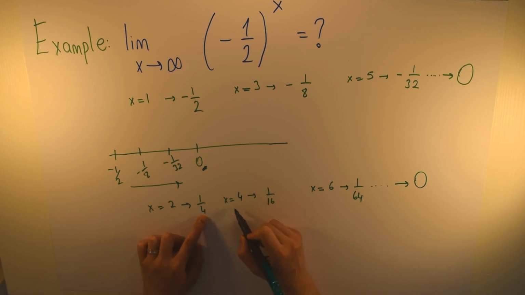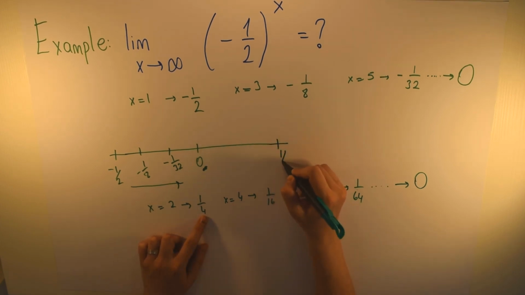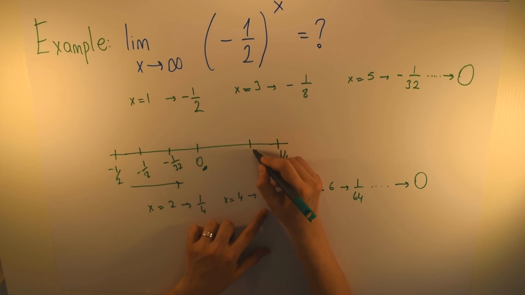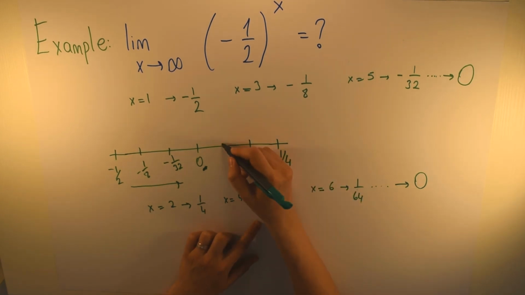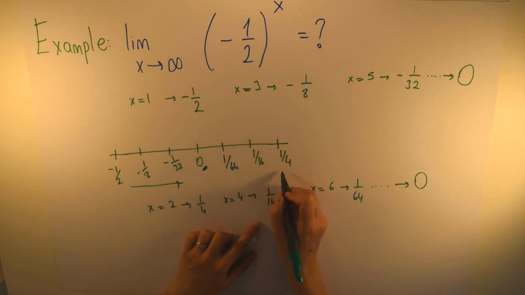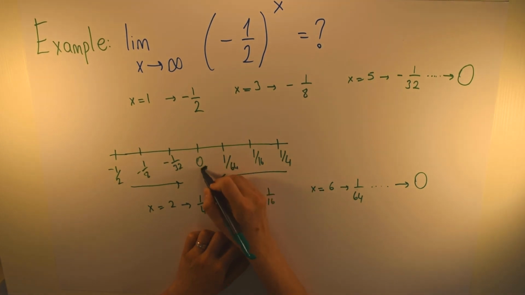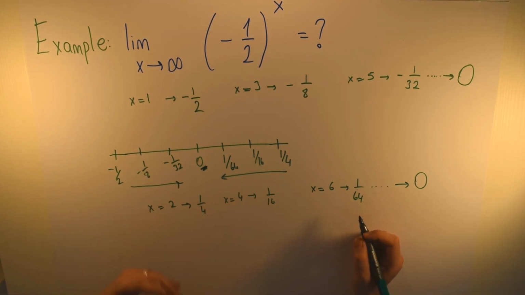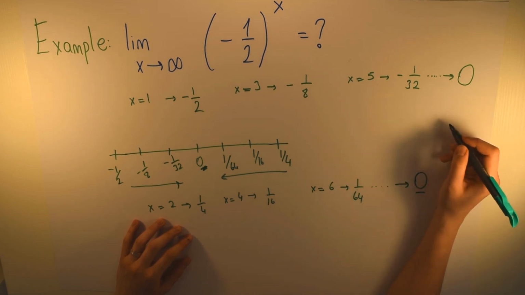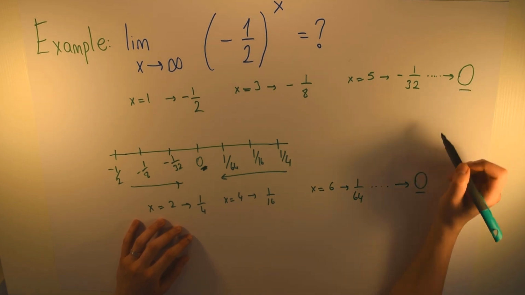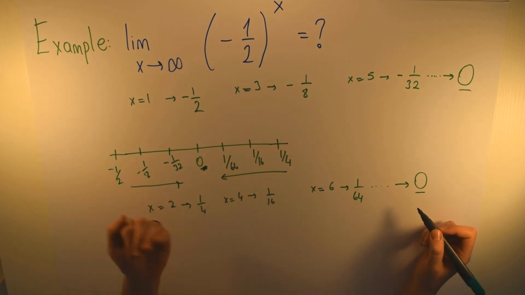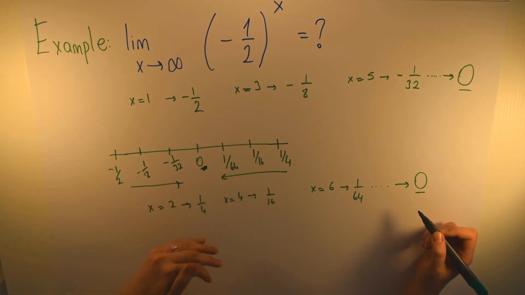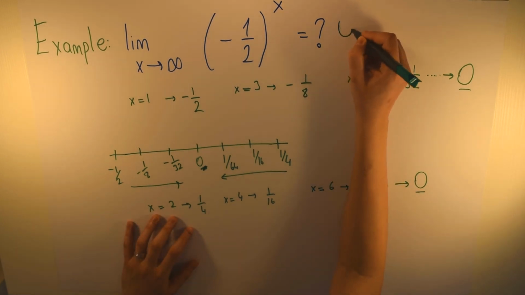For example, 1 over 4, it's here. 1 over 16, it is somewhere here. 1 over 64, it is less than 1 over 16, so it is somewhere here. As you can see, we are getting closer to, again, 0. These are now decreasing and getting closer to 0. So it means that when it approaches from the left and right side, it gets closer to 0, which means the limit exists here, and that is equal to 0.